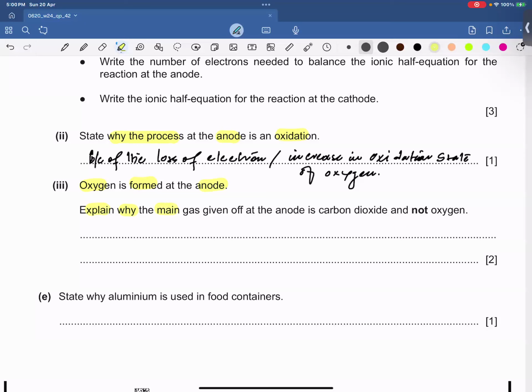Explain why the main gas given off at the anode is carbon dioxide and not oxygen, because the anode is made up of graphite. Graphite is carbon. Carbon reacts with oxygen to give carbon dioxide.